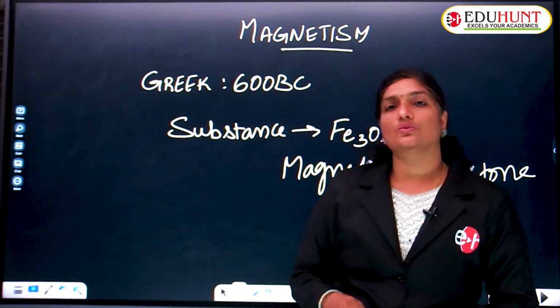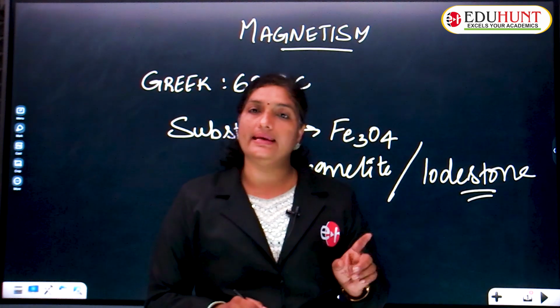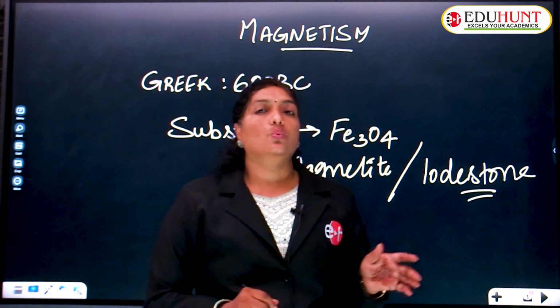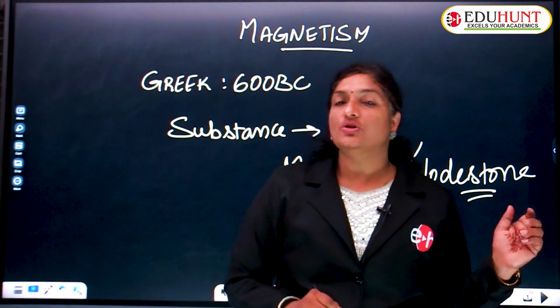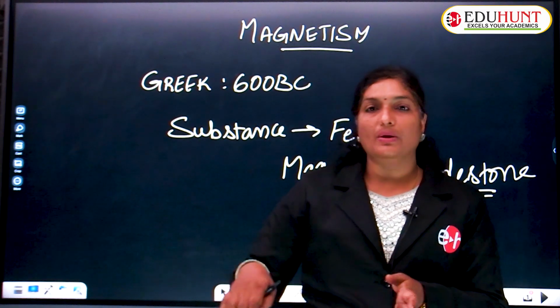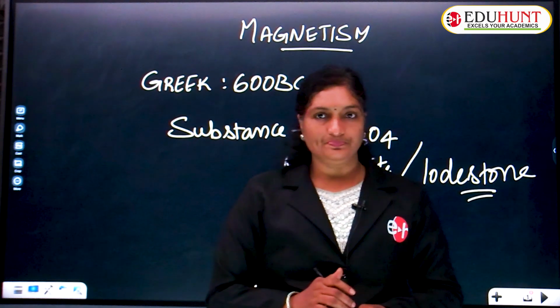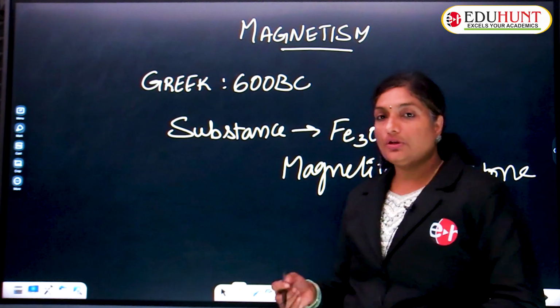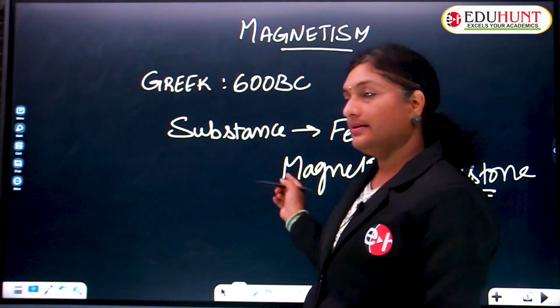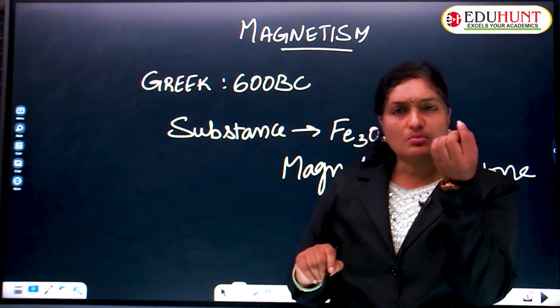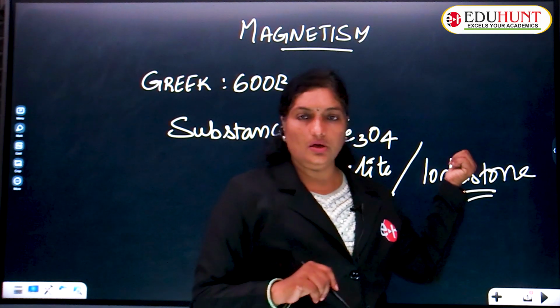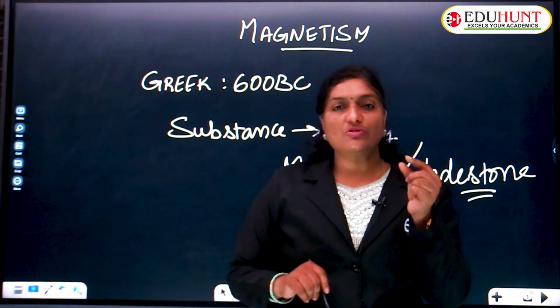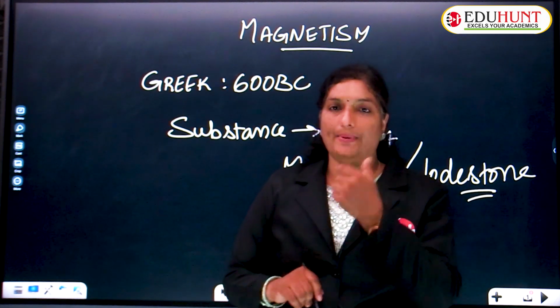This substance was actually used for navigation. In earlier days, while doing trade, people used to travel by ship. They took a small piece of this magnetite, Fe3O4, this magnetic stone, attached to a wooden piece.